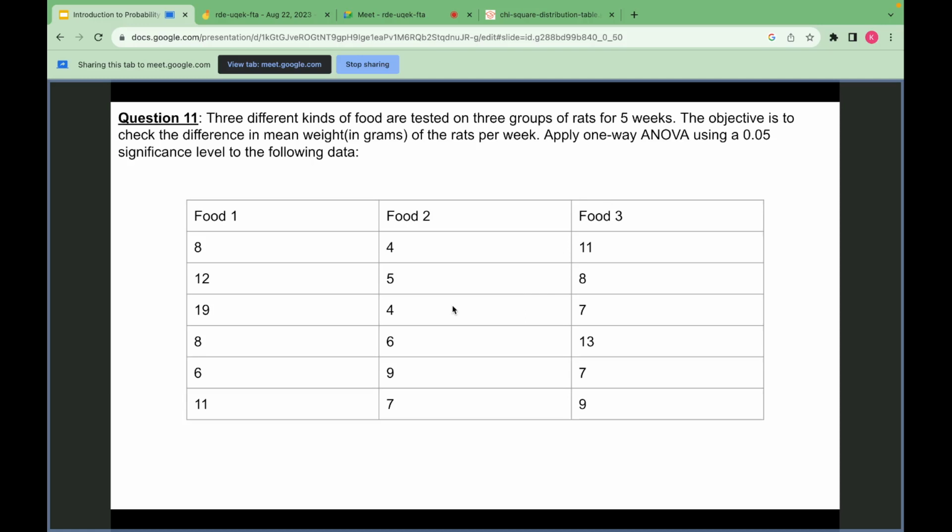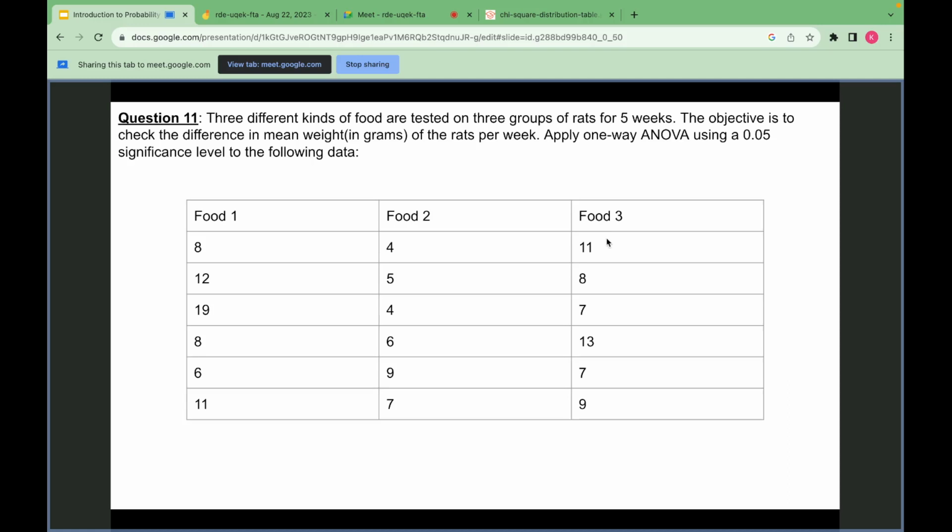The variances can be almost equal, but still the means are different. That is because of the random error. So here we will calculate whether the difference in the mean weights is due to the variances or due to the random error.